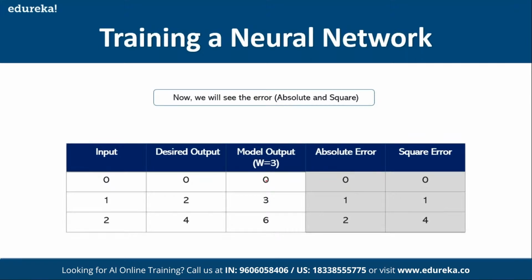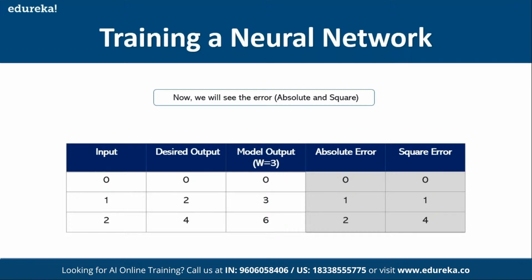My absolute error is 0 minus the desired output 0, which is 0; 3 minus 1 is 2; 6 minus 4, where 4 is my desired output and 6 is the model output, is 2. The squared error of the absolute error is 0, 1 square is 1, 2 square is 4.